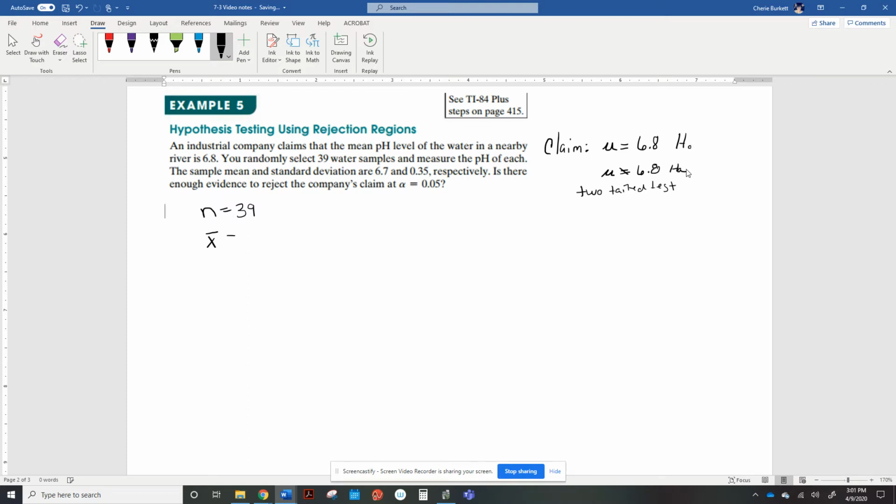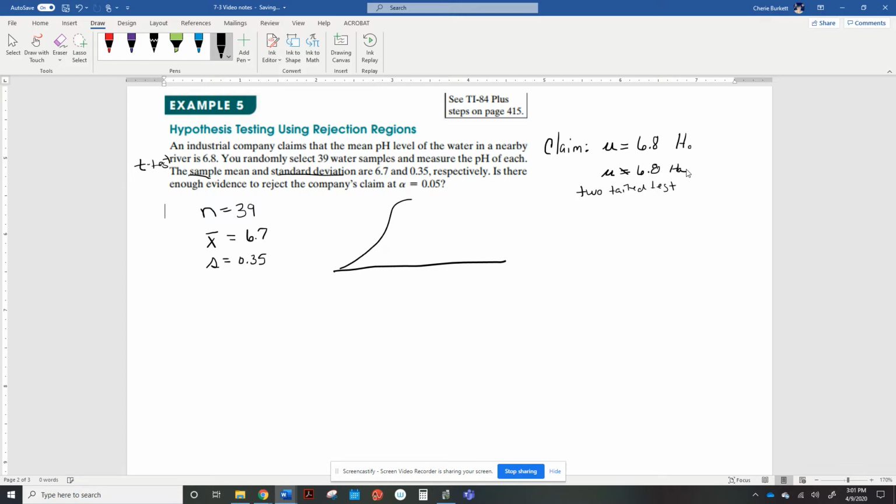Since it's the sample standard deviation, we know we're doing a t-test. The sample mean is 6.7 and the sample standard deviation is 0.35. And they give us an alpha of 0.05.